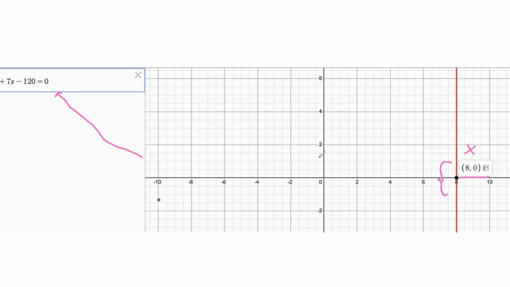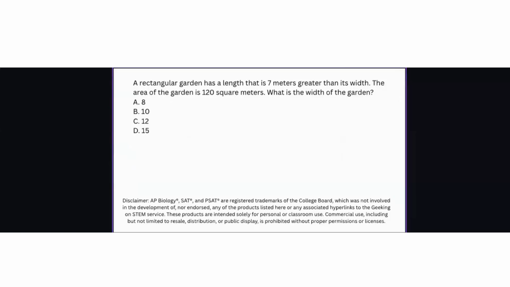Of course, there's going to be two values of x because it's x squared, but I don't care about the negative value because I'm talking about length, which is a positive value. So my final answer is 8. And if we go back to the question choices that we see here, we do have that value there. And so the correct answer would just be 8.